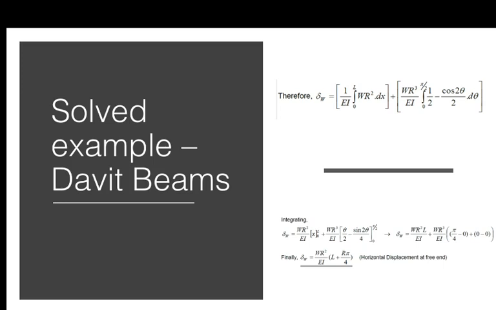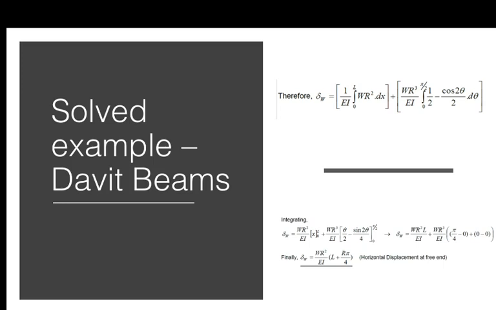So integrating, we will get delta W equal to WR squared L divided by EI plus WR cube divided by EI, pi divided by 4 minus 0 plus 0 minus 0.